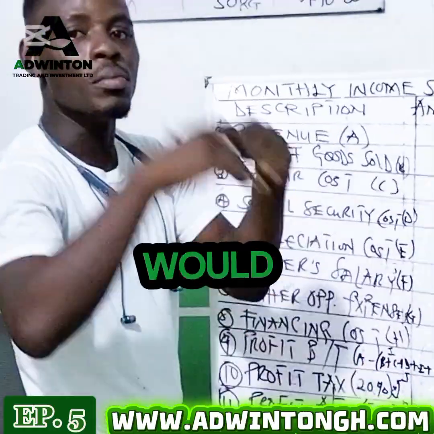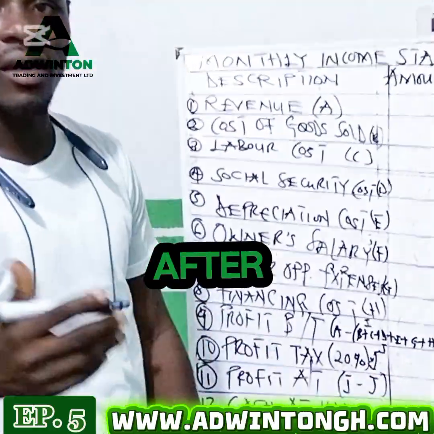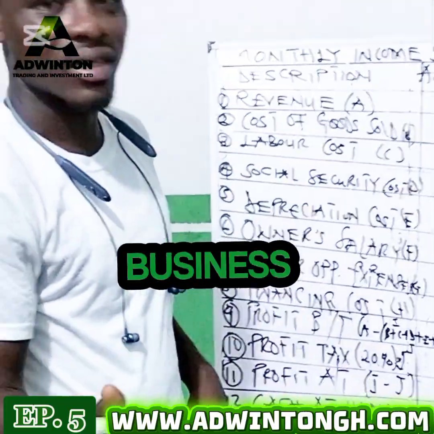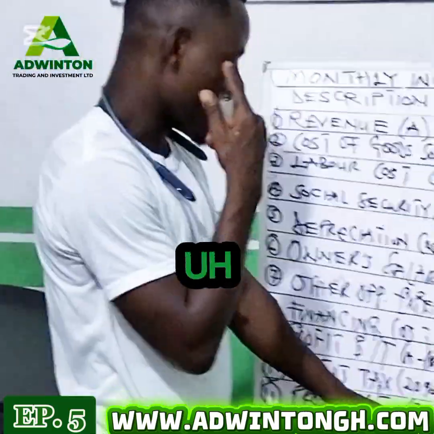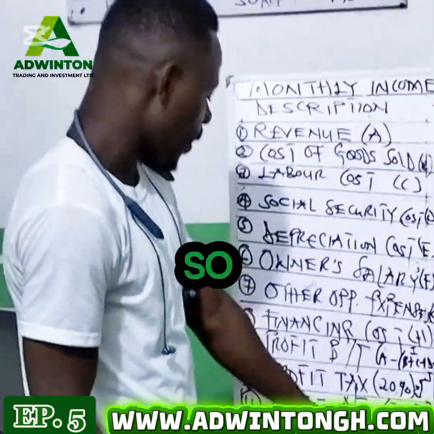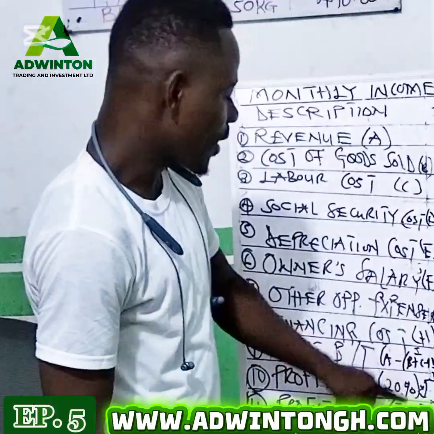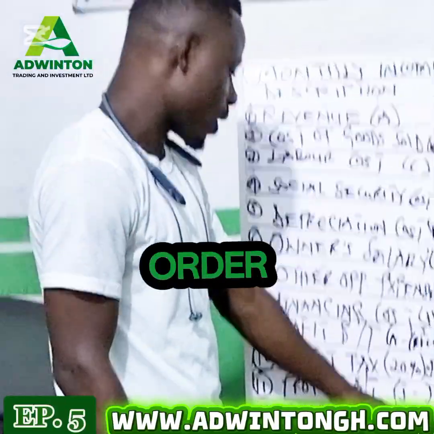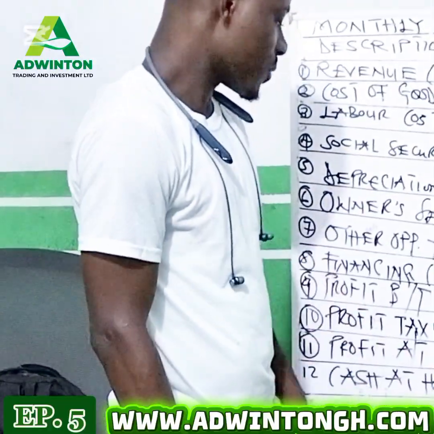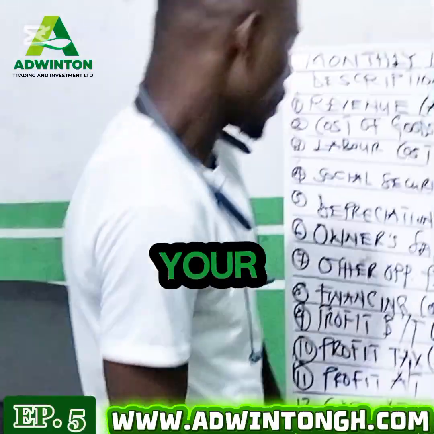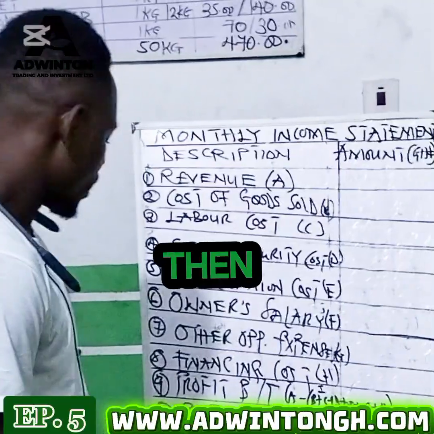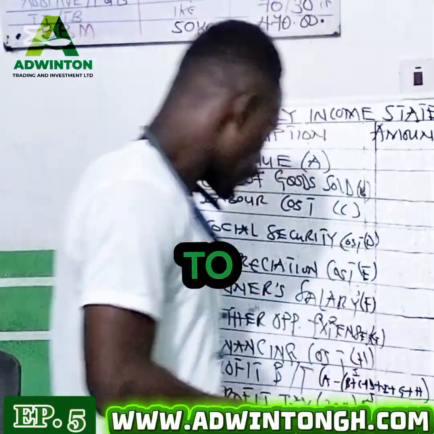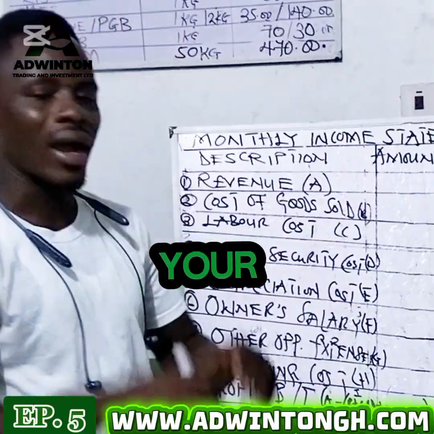That is what will be left with the business after the tax man has taken a share. So you deduct the tax amount from your profit before tax in order to get your profit after tax.